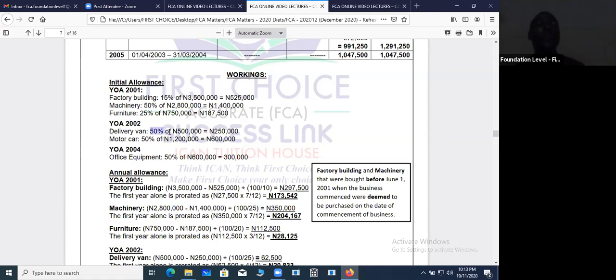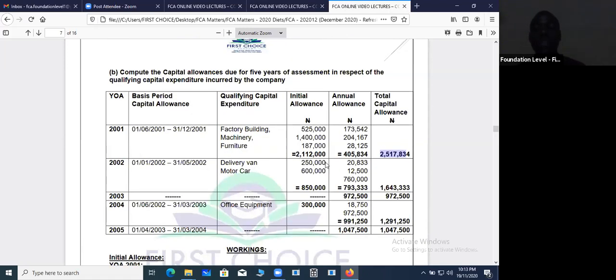So look for 50% of 500,000, give you 250,000. Then motor car, 50% of 1.2 million gives you 600,000. And that's what we had here. 250,000, 600,000.